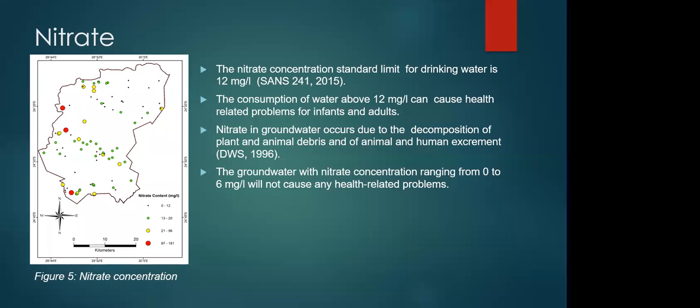The nitrate concentration in water is affected by decomposition of plant and animal debris, as well as animal and human excrement. Groundwater with 0 to 6 milligrams per liter will not cause any health-related problems, but we can still have health-related problems from 6 milligrams per liter in infants.